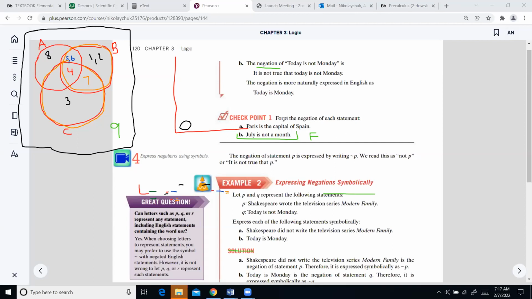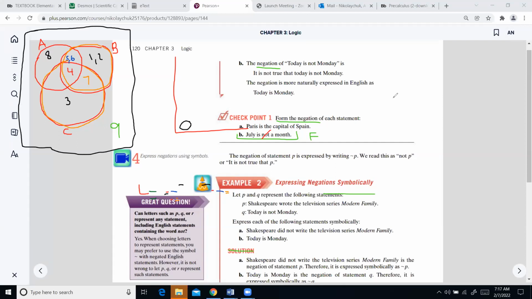Well, what we want to do is produce a negation here. I say, Alex, but it already has a negation. Well, to negate it means I need to get rid of that not, and this way you're going to produce a correct statement that says July is a month, which is now going to be true.